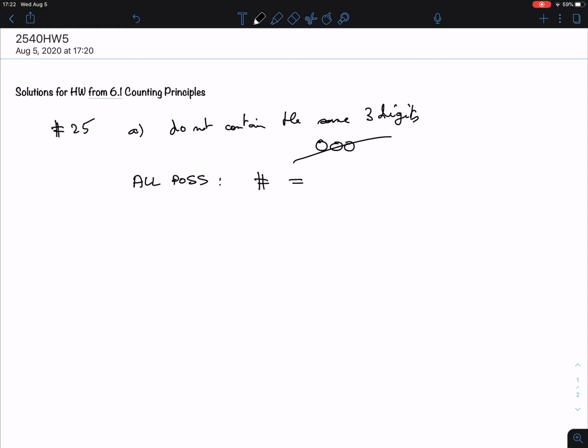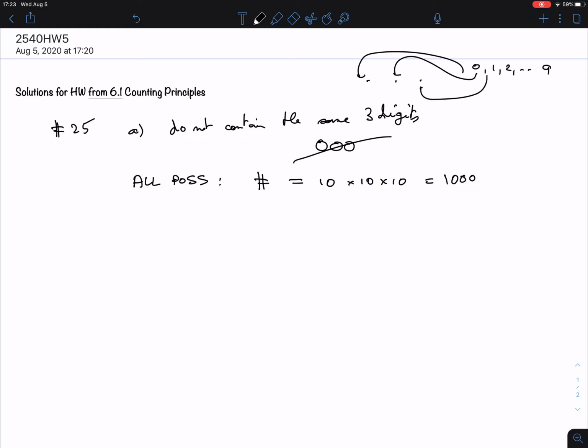I always write this number sign to say the number of these things. Well, it is the product. We have 3 positions, and we have to put in 0, 1, 2, all the way up to 9, which are 10 possibilities. So 10 choices here, 10 choices there, 10 choices there. They're totally independent of each other. So it is 10 times 10 times 10, so that's 1,000. Of course, we know that because there are 1,000 numbers.